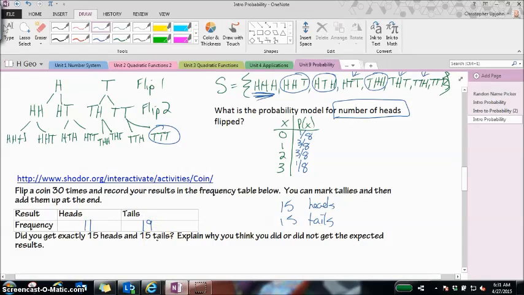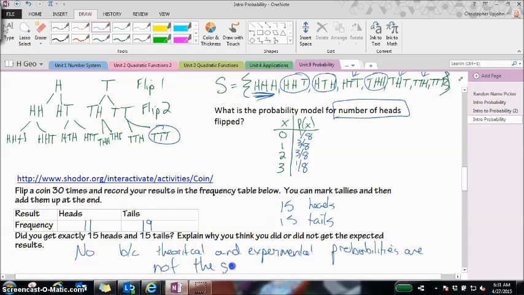So is it perfect? Did you get exactly 15 heads? No. Because theoretical and experimental probabilities are not the same.